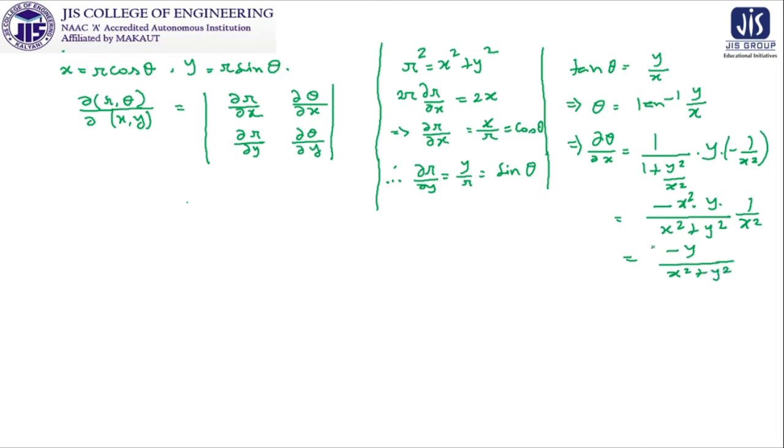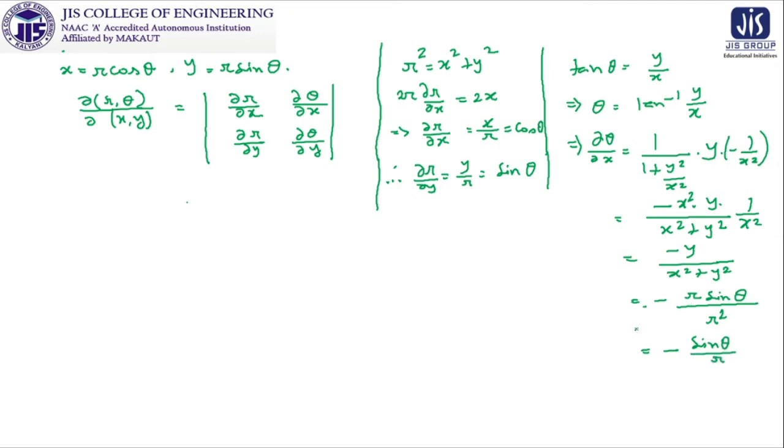As well as we can manage it in this form, that minus y can be written as minus r sine theta, and x square plus y square can be written as just r square. So ultimately we can write by simplifying that del theta del x will be minus sine theta by r. You can cancel this r square and r out.